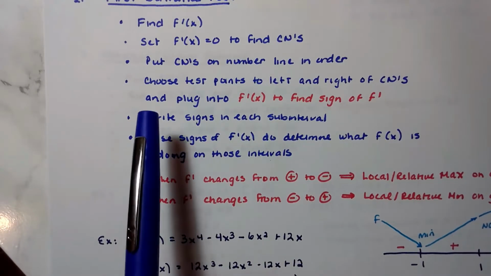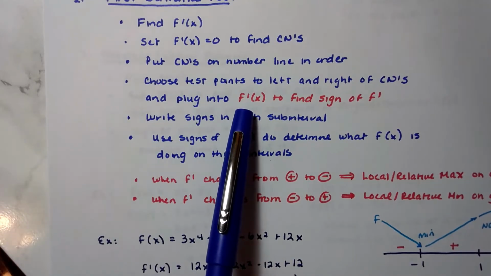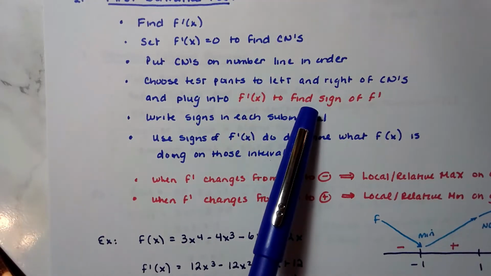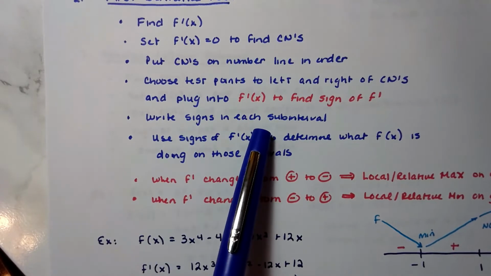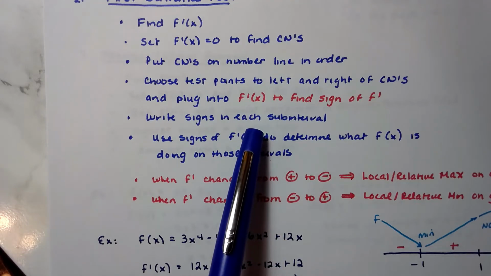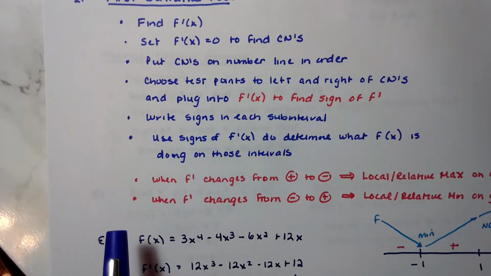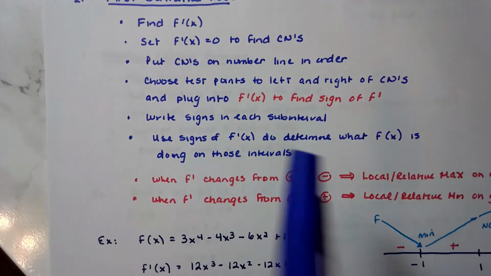And then you plug those test points into the derivative to find the sign of the derivative. We want to know, is the derivative positive or negative? And then write the signs in each subinterval on that number line for f prime, because the sign of f prime tells us what the graph of f is doing, right?